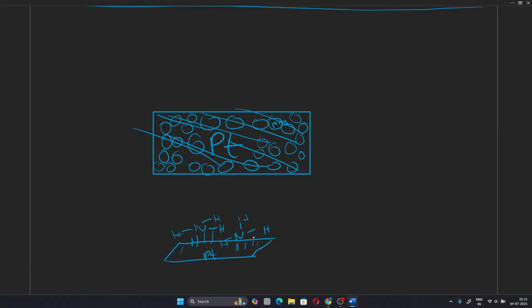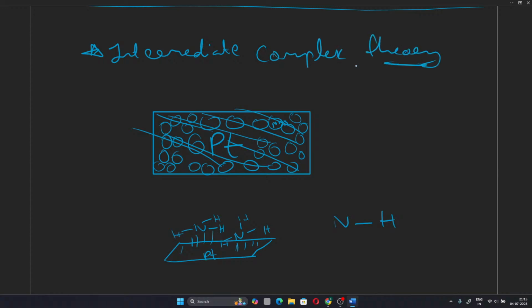This bond formation will reduce the dissociation enthalpy of the NH bond. This intermediate formation is not permanent. Platinum does not undergo a permanent chemical change. It is just utilizing its free electrons to form bonds. This bond formation will weaken this NH bond.